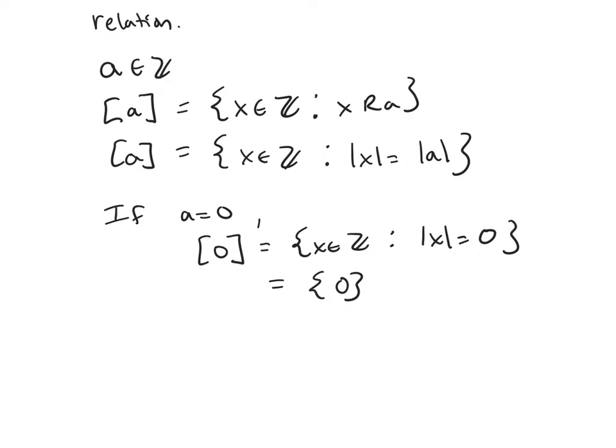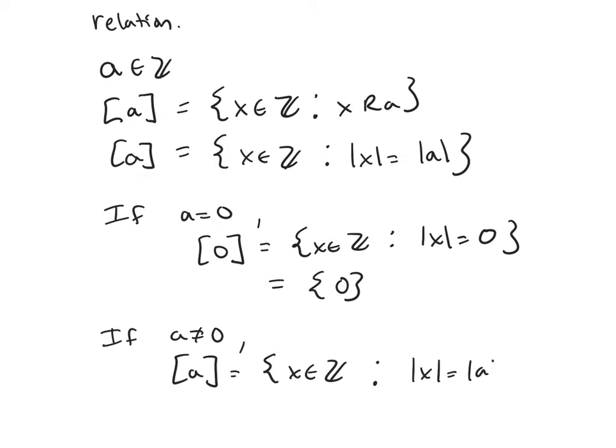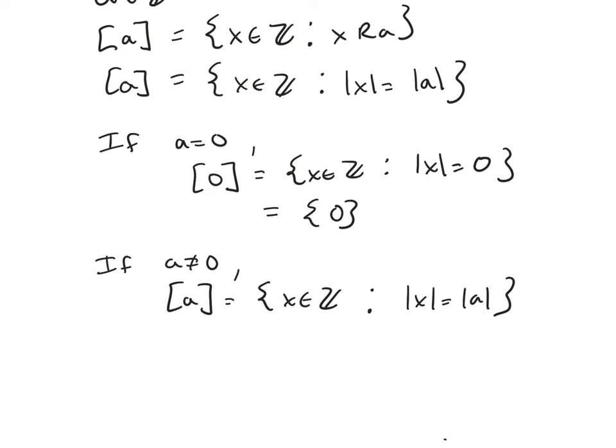And if A is not 0, then your equivalence class of A contains all the X's in Z where the absolute value of X equals the absolute value of A. There's going to be two elements in this set that have absolute value A. It's A and negative A. So these are our two possibilities.